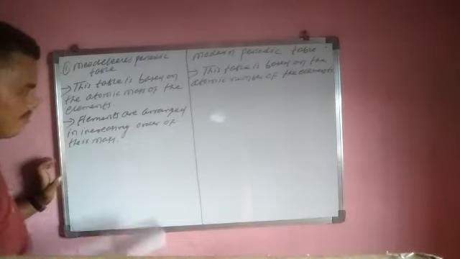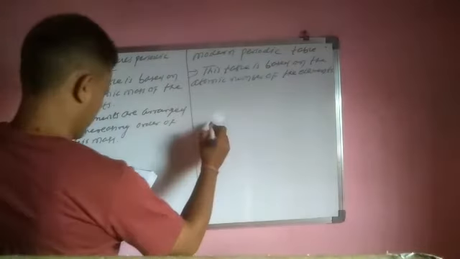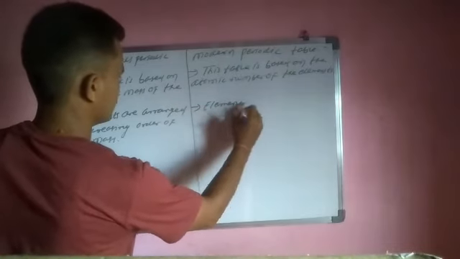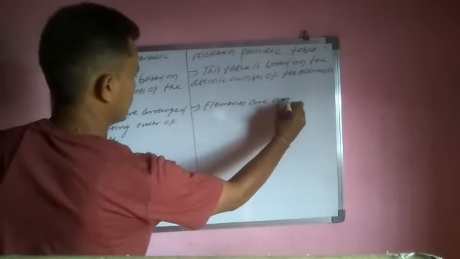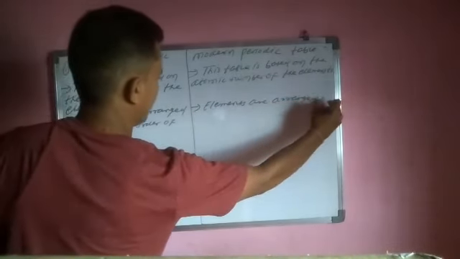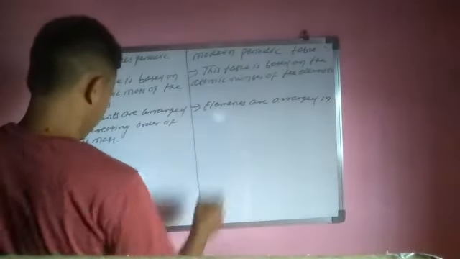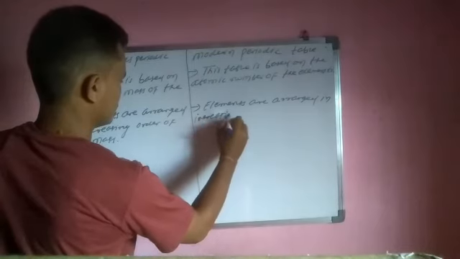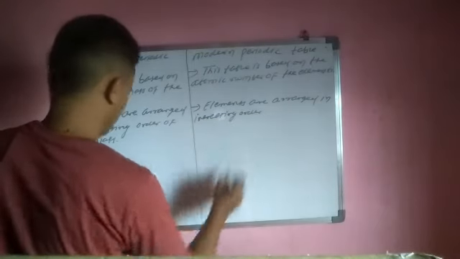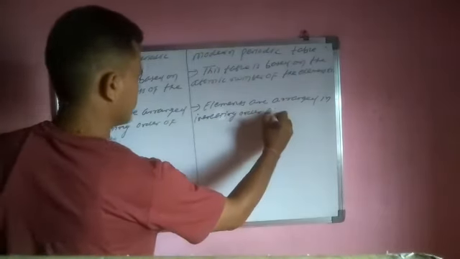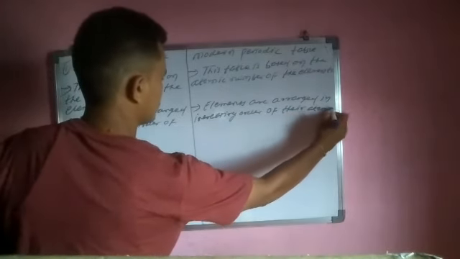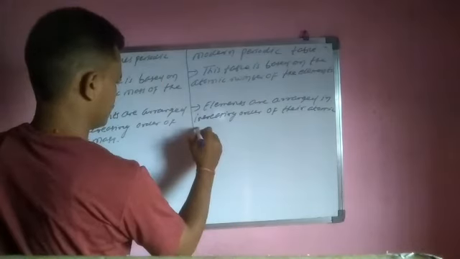So elements are arranged in increasing order of their mass and elements are arranged in increasing order of their atomic number.